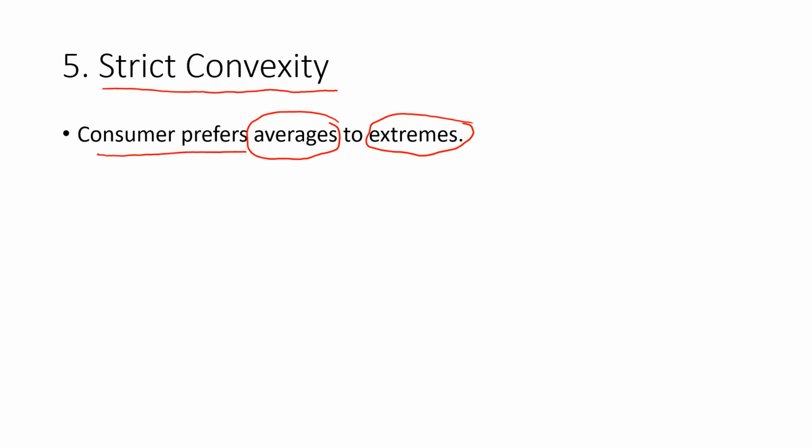Let's say we have three types of bundles. In bundle A, we have 50 mangoes. Then we have another bundle which has 50 apples.